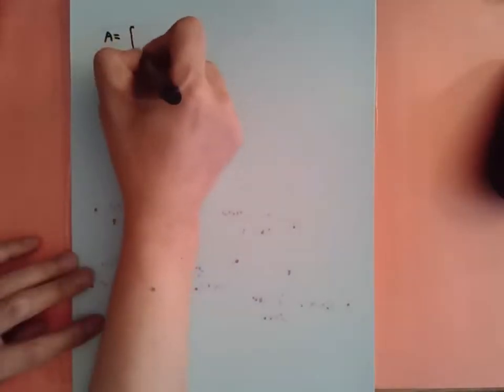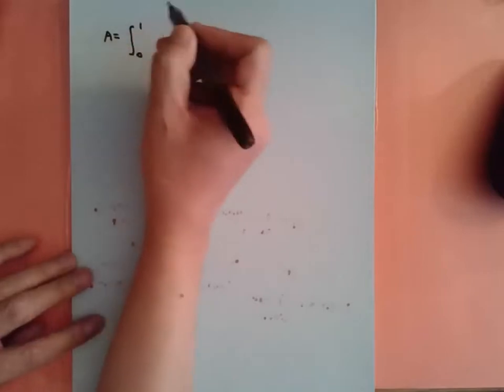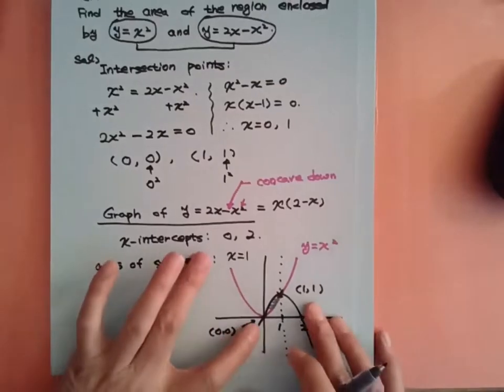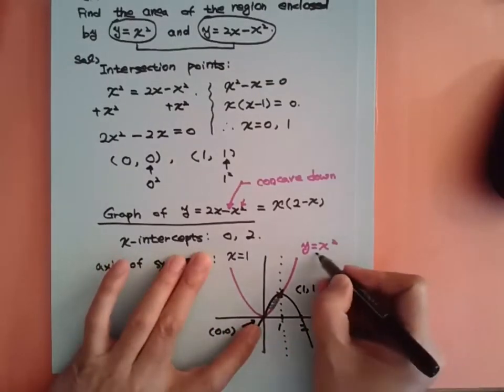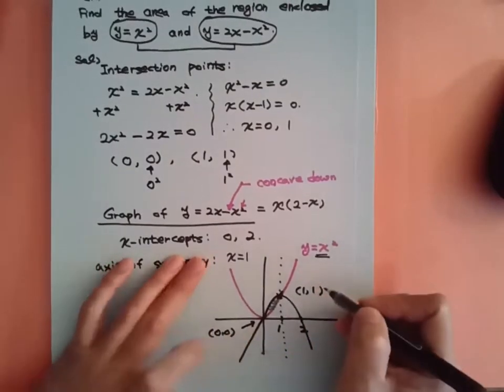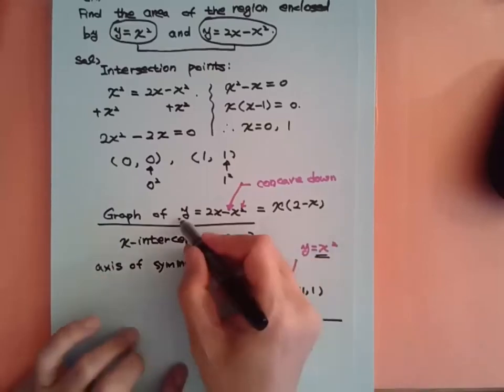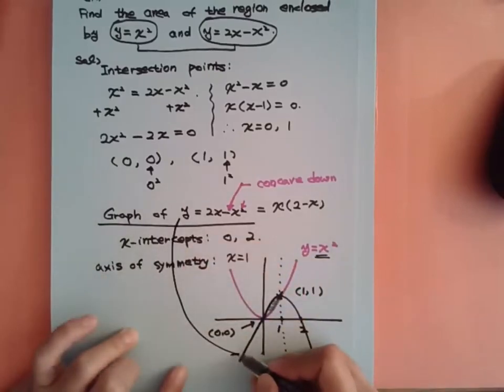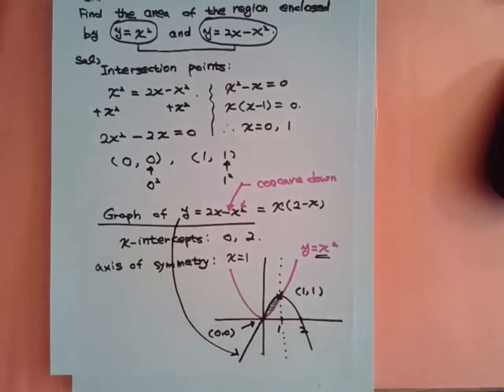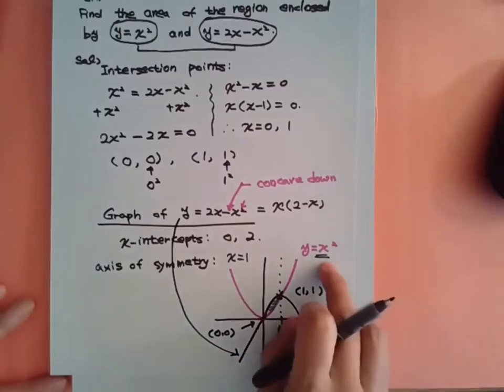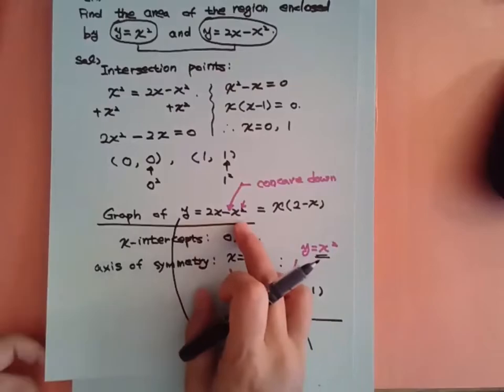A equals the integral from 0 to 1. In this region, x squared is smaller than this function, so we will subtract x squared from 2x minus x squared.